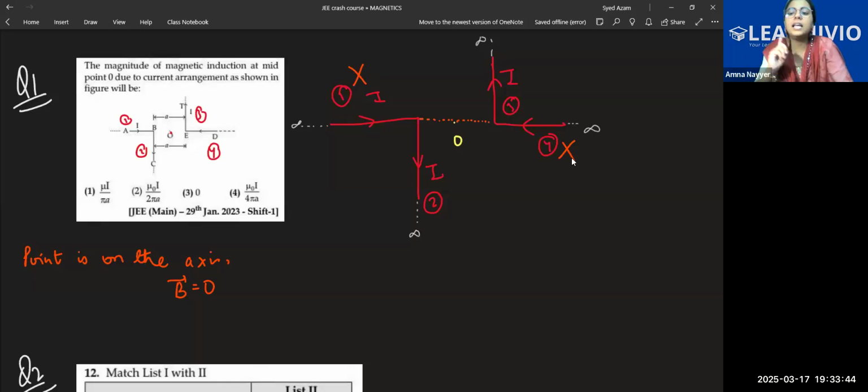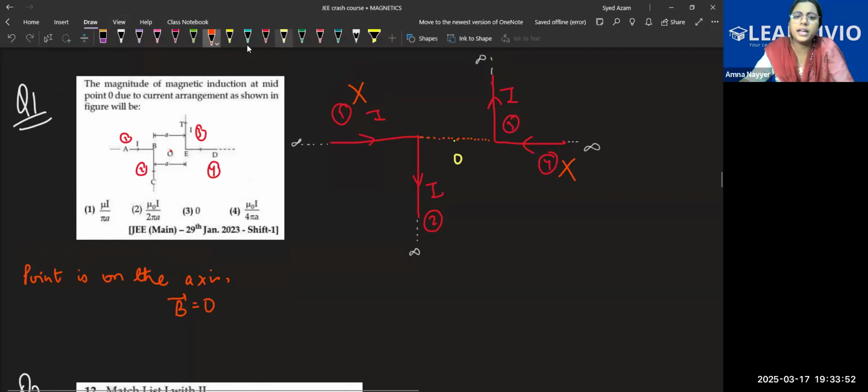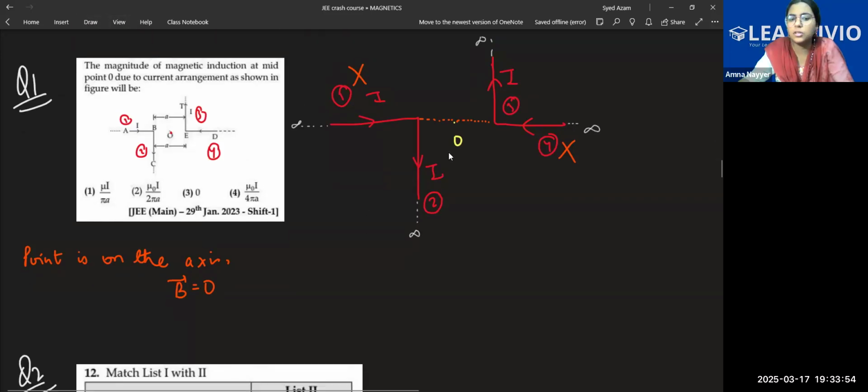So basically, we'll get the magnetic field due to 2 and 3. This one and this. So both will be the same. Let us first find out due to this 2. See, what will be the magnetic field? The total separation is given as A. So at this point O, this separation will be A by 2.